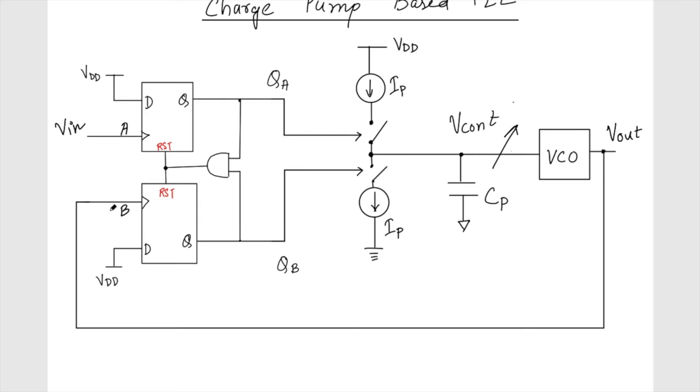It'll try to match the phase, and once the phase is matched, a time will come when, because this frequency is much faster, this also will become high, so it will come down, and finally it will settle to the voltage where it is oscillating at that particular frequency, and these two phases will be matched. So basically, even if there's a phase mismatch, momentarily the VCO may ramp up the frequency, but then it comes down to match the phase error as well.